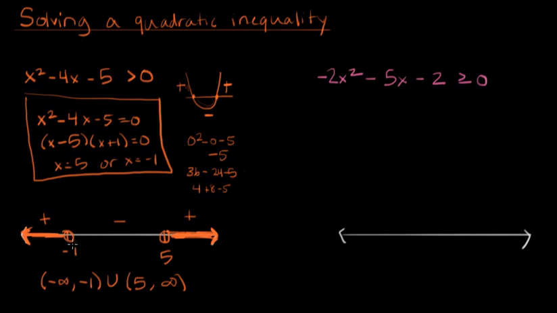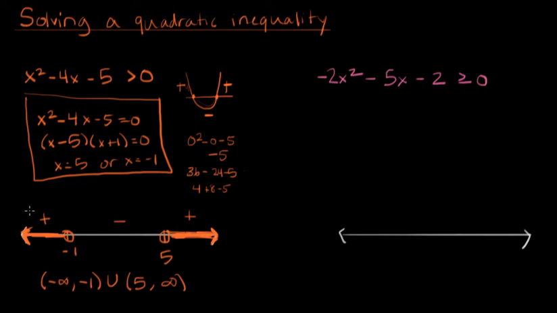We know that it's 0 at negative 1 and 5, and we know that those are the only places it equals 0. So it has to cross from positive to negative, or the opposite, at those points. It can't jump from positive to negative without crossing through 0. So we know that these are the points where that happens.